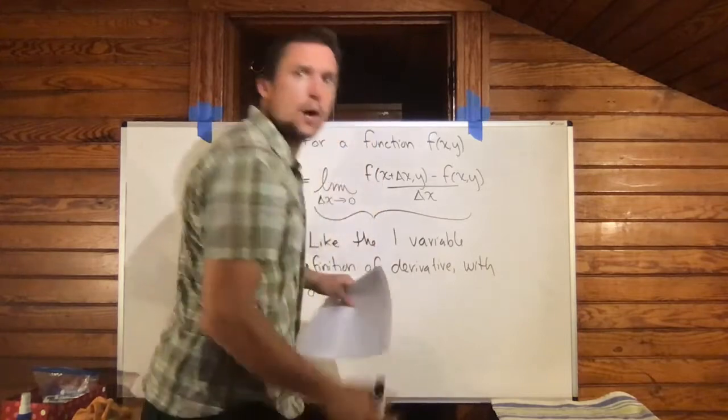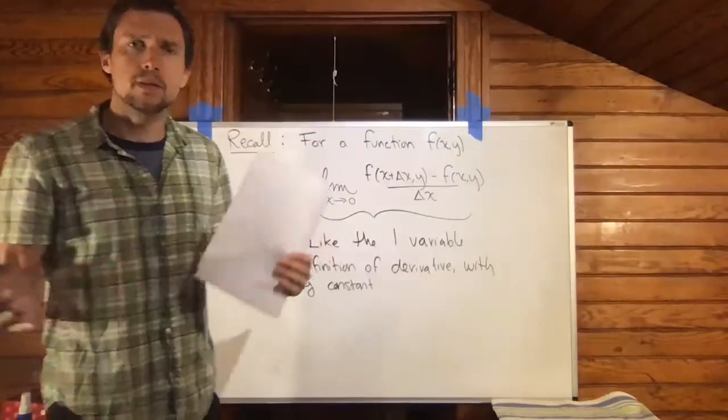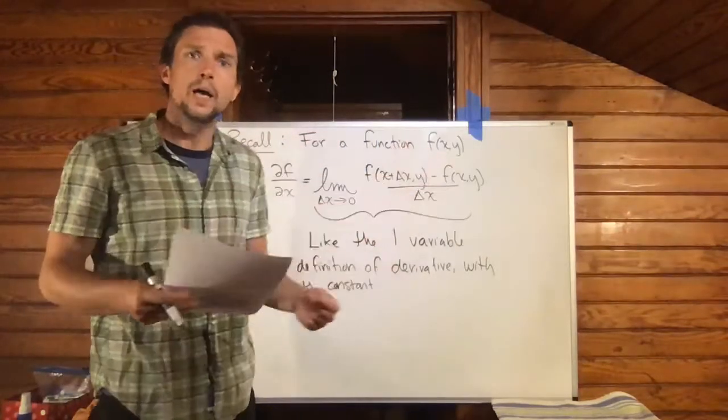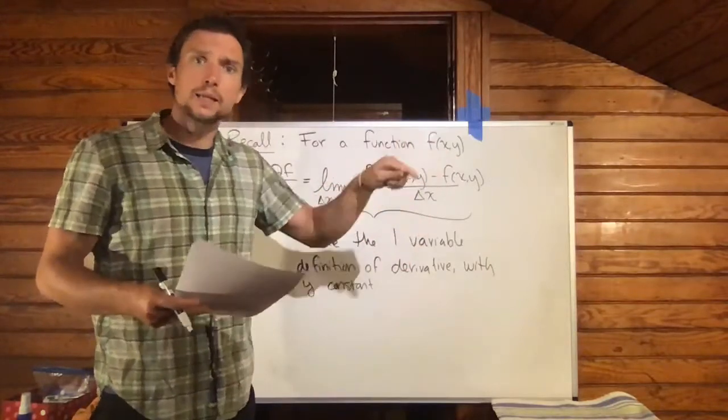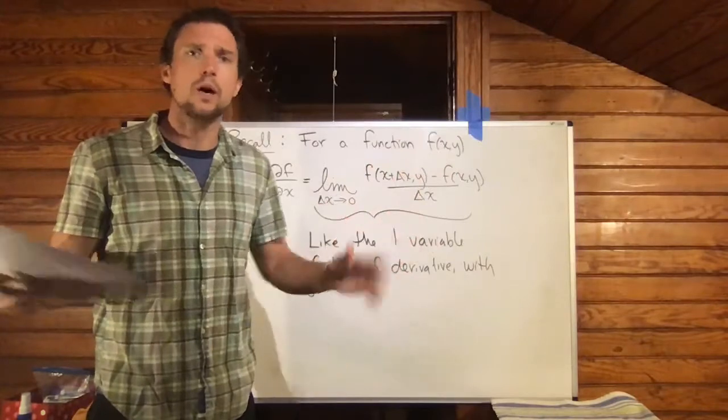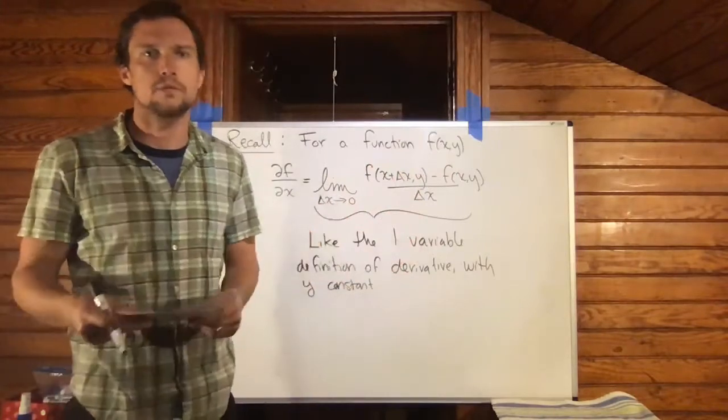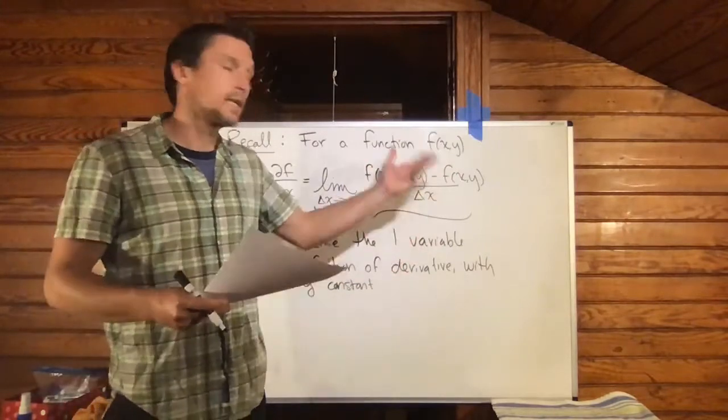And indeed, that's how we calculate it. We take the derivative of f of x, y, and we treat y as a constant, and then we treat x as if it's the only variable that we know, and we do all of the usual derivative things to calculate what that is.